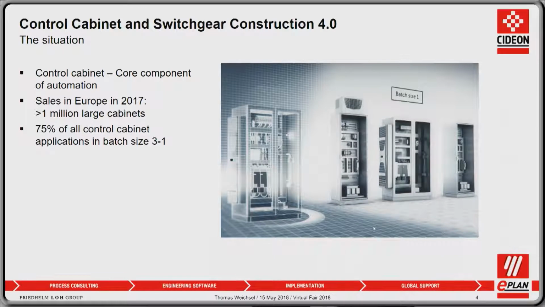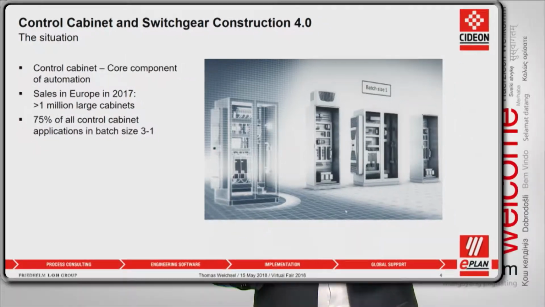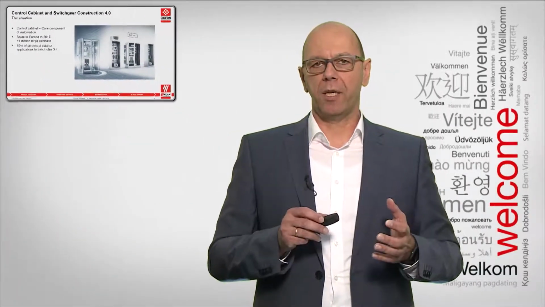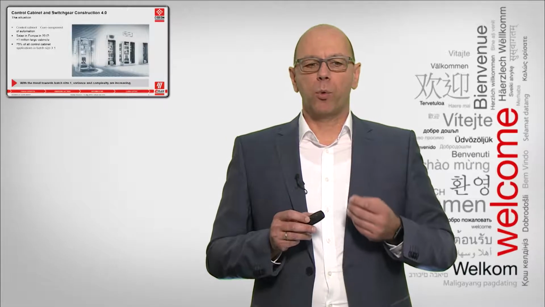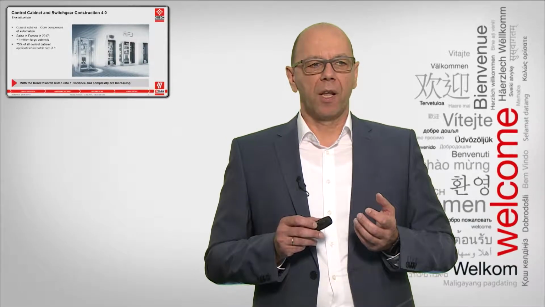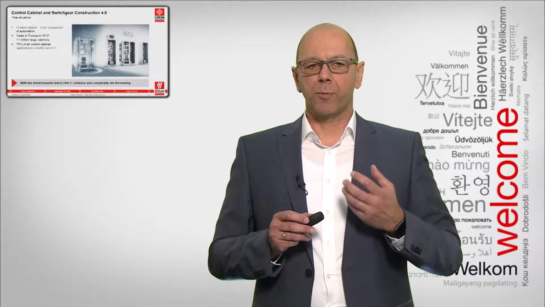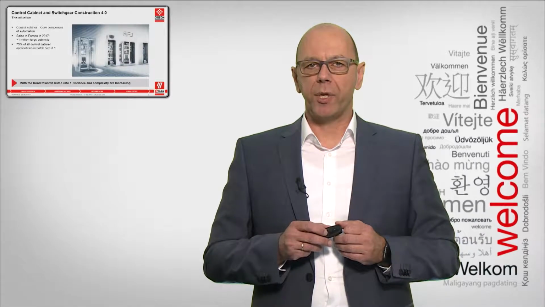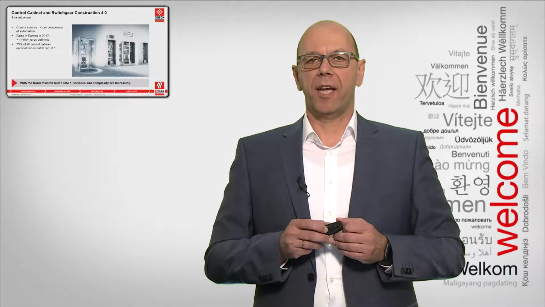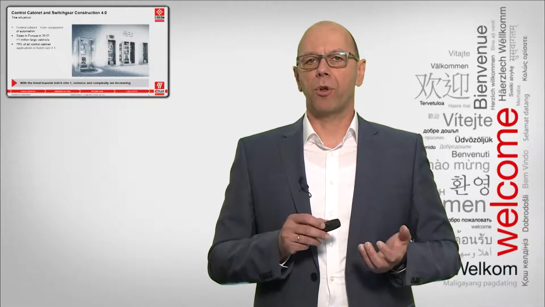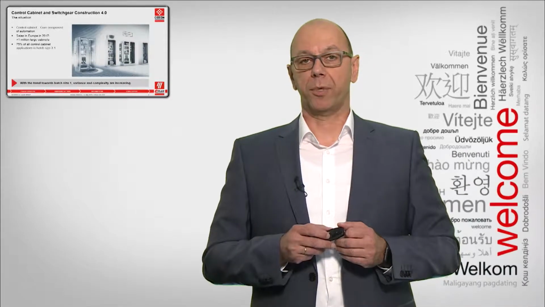And 75% of all these applications were ordered in a quantity of 3 down to lot size 1. So the trend towards batch size 1 is responsible for the increasing variance and complexity of the product control cabinet. And that is something that challenges small, medium, but also large companies.